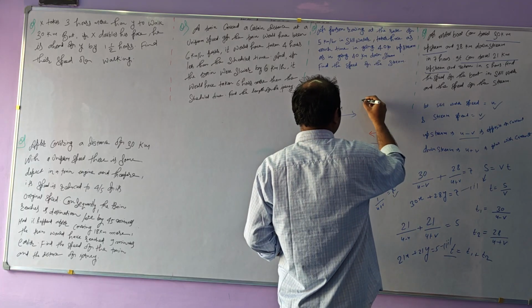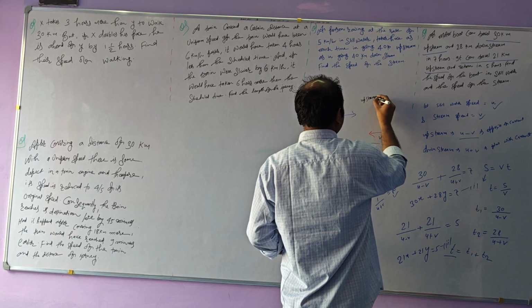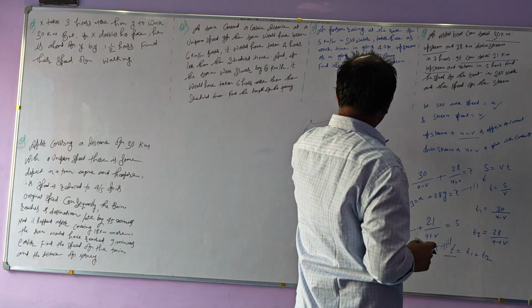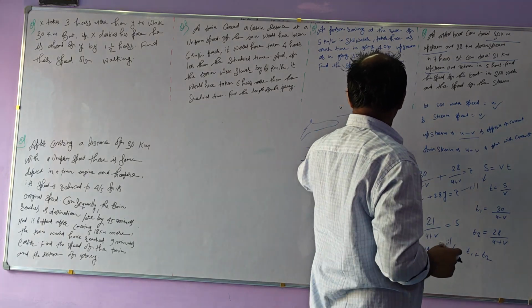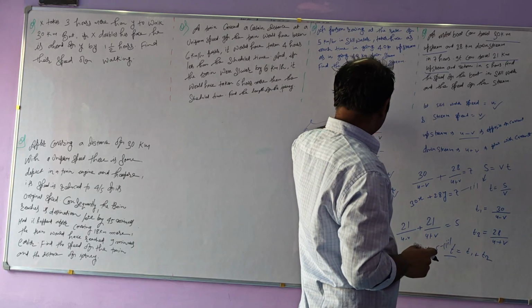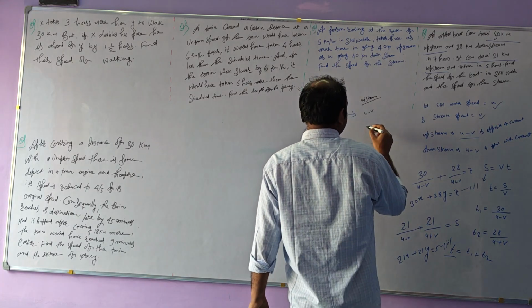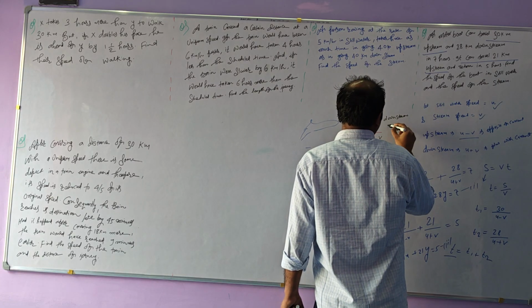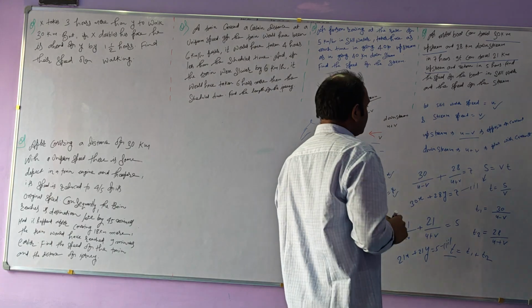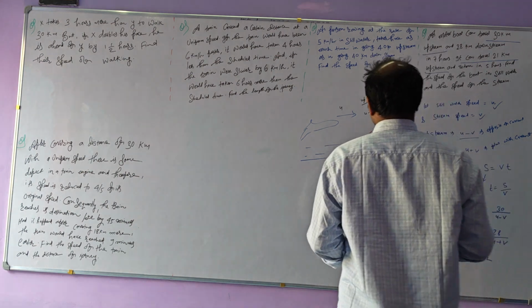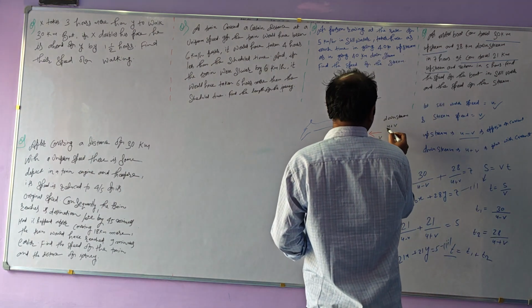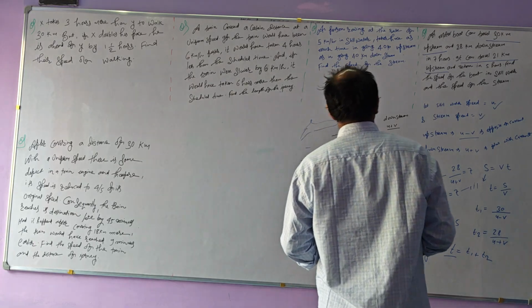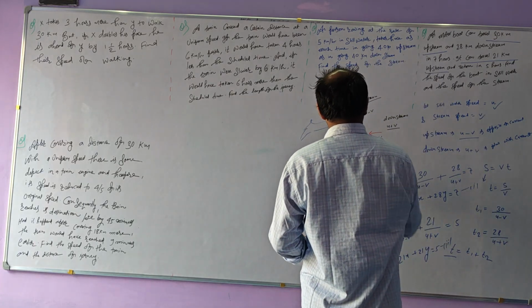For upstream it is u minus v, because the current is flowing opposite of this, and in downstream it is u plus v, because in downstream the current is also flowing towards here.